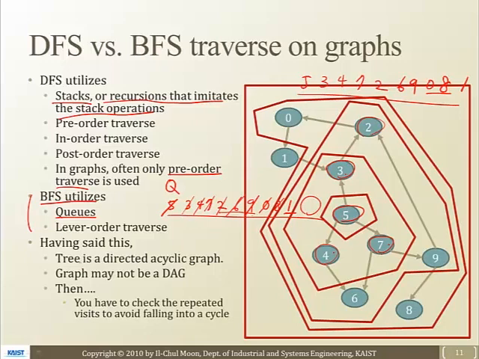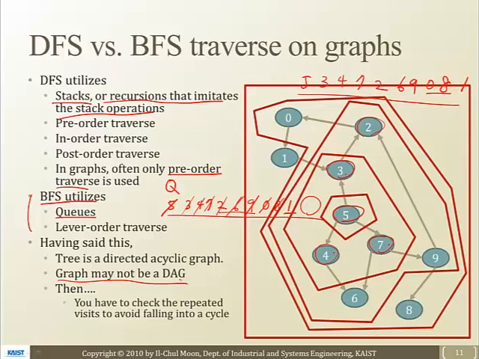Actually, having said that, tree is a directed acyclic graph, one type of the directed acyclic graph. In tree, if we consider tree as a graph, you can instantly recognize that there is a direction and there is no cycle in tree. So tree is a directed acyclic graph. Graph may not be a DAG, right?